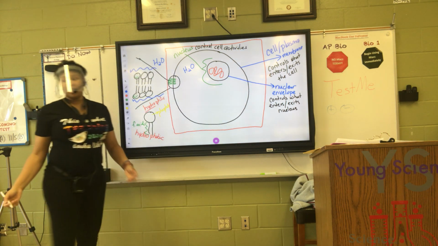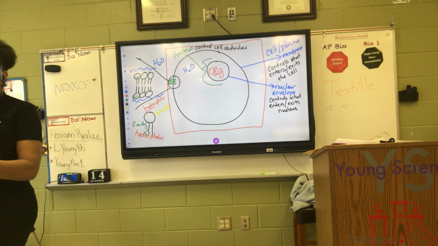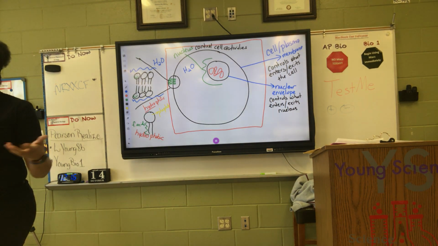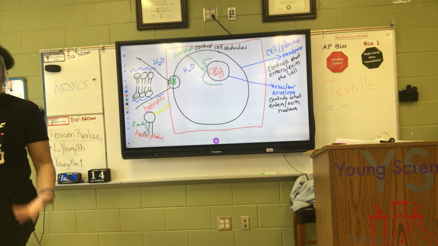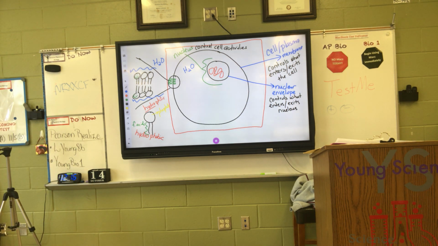Okay? The nucleus is controlling the cell's activities because it holds the thing that stores and transmits genetic information. It holds the genetic molecule. So since that's where it is, then the nucleus is the site that actually controls what goes on in that cell. It's like the control room, okay?